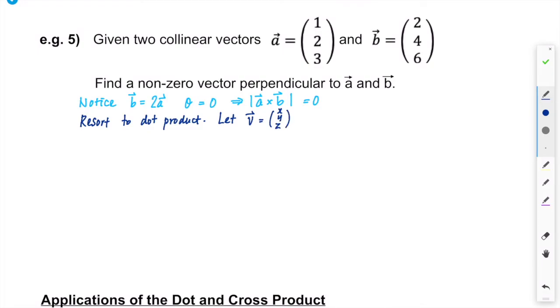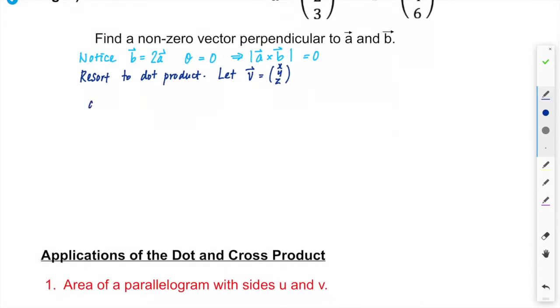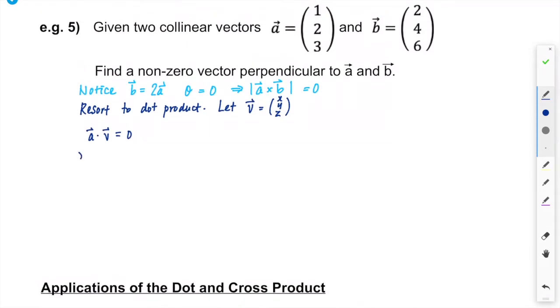Okay, what I know then is A dot v must equal 0. And what does that give me? 1x + 2y + 3z is equal to 0. Okay, and then B dot v is also 0. So I have 2x + 4y + 6z equal to 0.